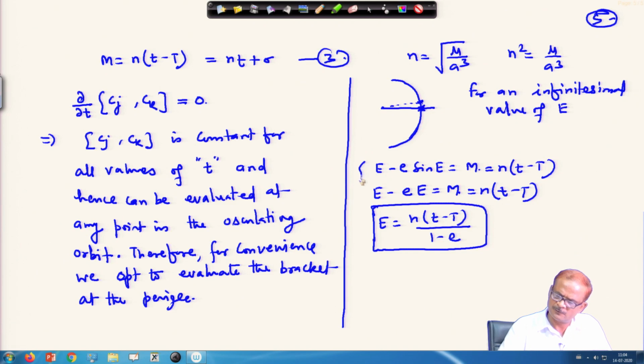Okay, this is the whole process. We are trying to evaluate at this point, so we take a nearby point and expand it. Basically we have linearized it and then try to evaluate the Lagrange bracket at this point.